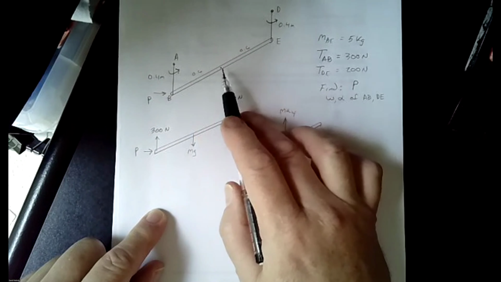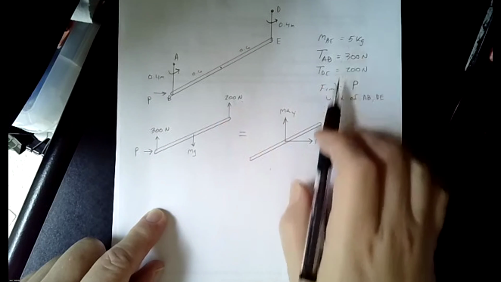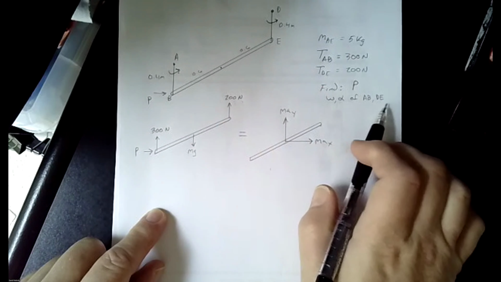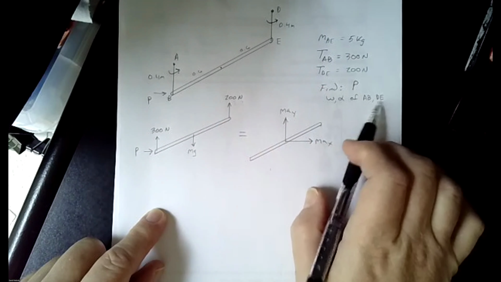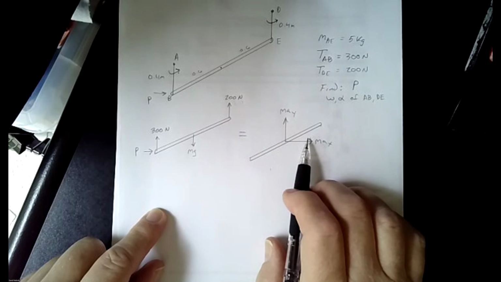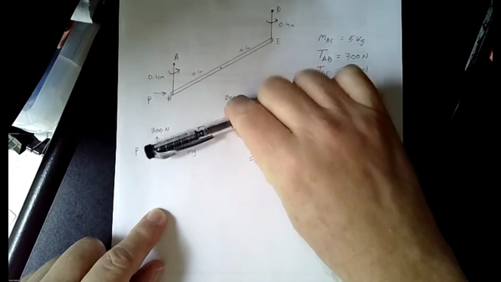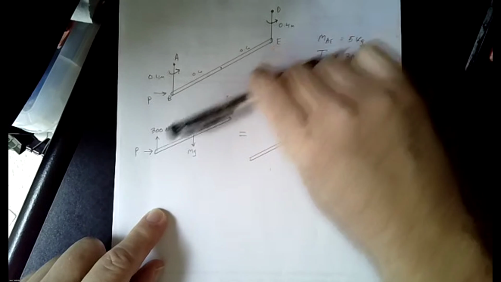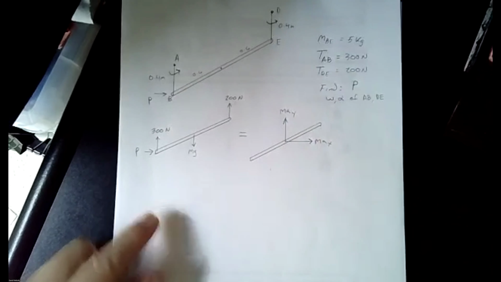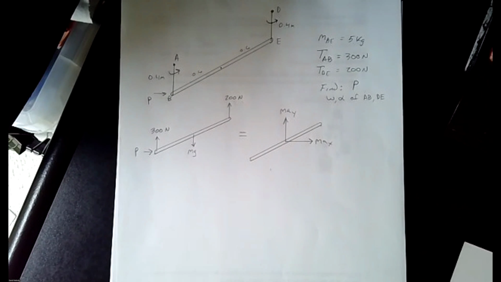That's 0.6 meters. We know that's the center of gravity there. We know the mass is 5 kilograms. We want to find P, omega, and alpha of AB and DE. They're going to be the same for both. So there's our acceleration in the y and acceleration in the x, because if the bar is doing this, it's going to be going both that way and that way. So translating in 2 dimensions.